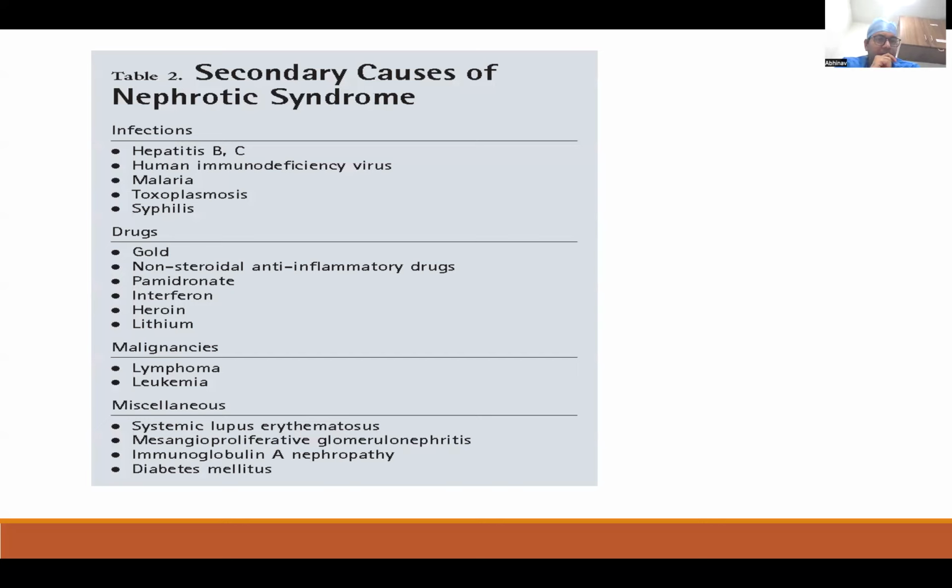Then drugs: gold, NSAIDs, interferon, lithium. And malignancies: lymphoma, leukemia. Remember Wilms tumor too. You have syndromes associated with Wilms tumor and nephrotic syndrome. So even malignancies can be associated with secondary nephrotic syndrome. Other miscellaneous causes: diabetes, SLE, IgA nephropathy.